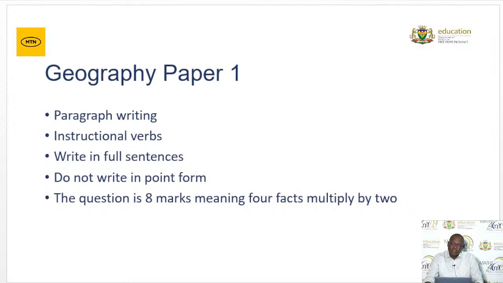If the mark allocation is 2 multiplied by 2, you must provide 2 facts. Each is 2 marks, so it's going to be 4. If it says 1 multiplied by 2, we just need 1 fact, and it's going to be 2 marks. 1 multiplied by 1, we just need 1, and it's 1 mark. If it's 3 multiplied by 2, we need 3 facts, each is 2 marks, and it gives you 6 marks.